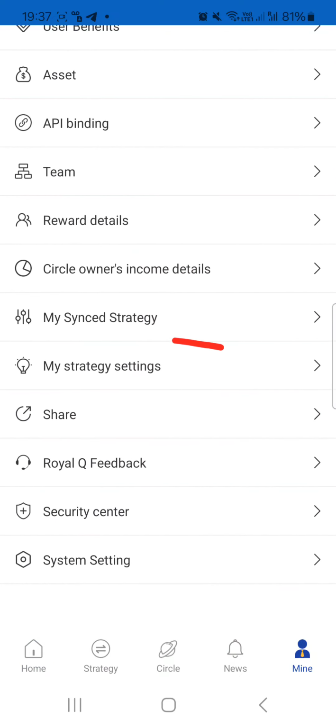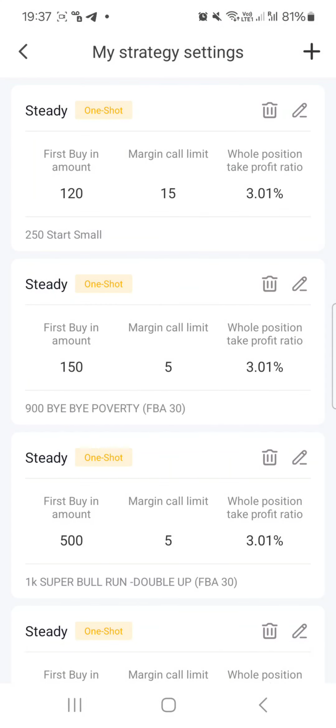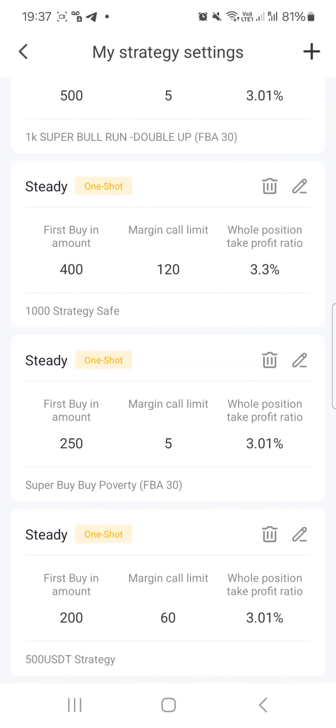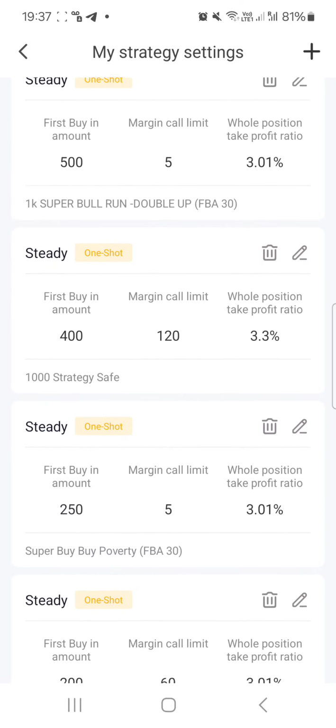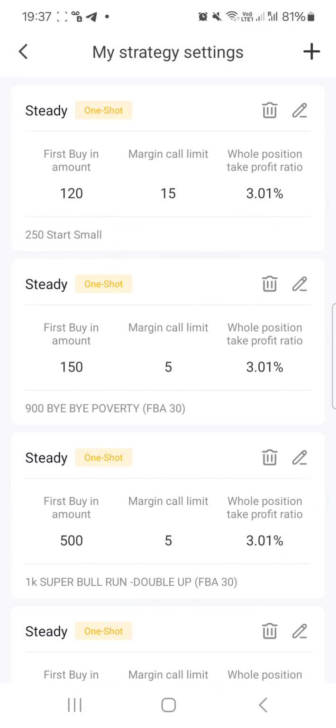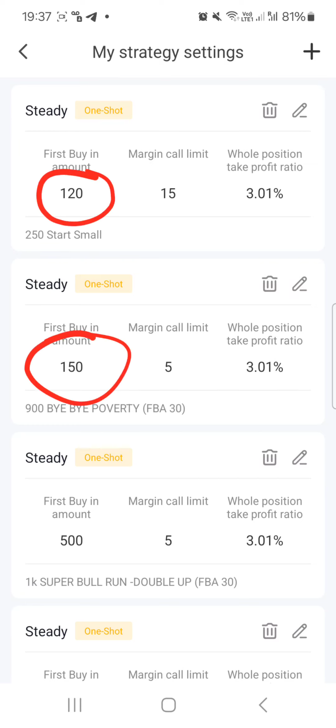You need to go into My Strategy Settings. I have already created different strategies here of different capital amounts, as you can see. I've named my strategies here.